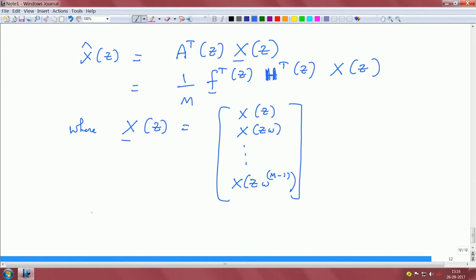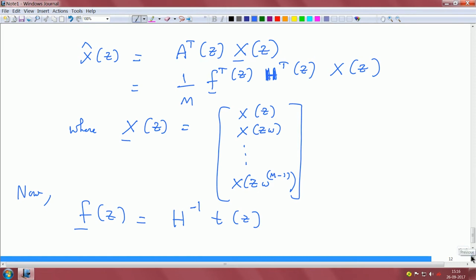Now, F of z is H inverse T of z, because we said H of z with F of z is T of z, which is our transfer function, right.